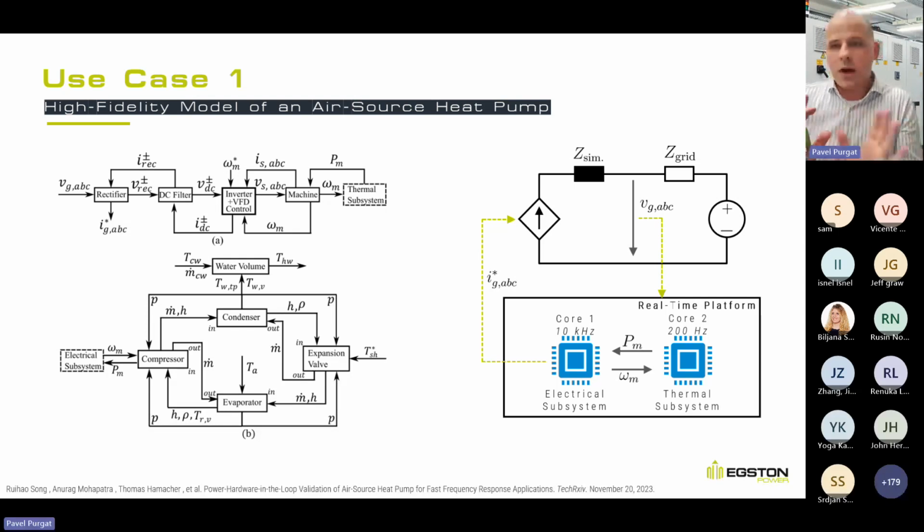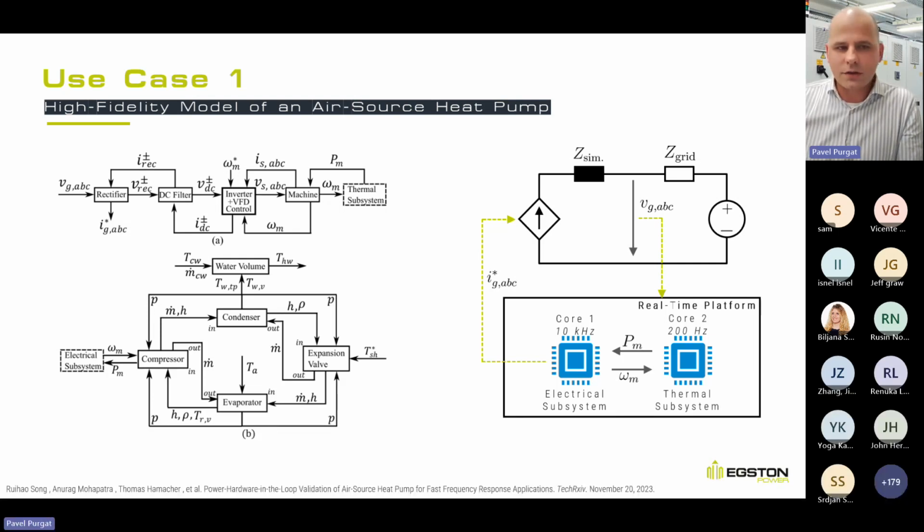Now, if you are wondering why tinkering with the mechanical model, the idea is to capture the nonlinearity, and the nonlinearities typically come from the mechanical load transients, which are predominantly determined by the pressure in the evaporator and the condenser.